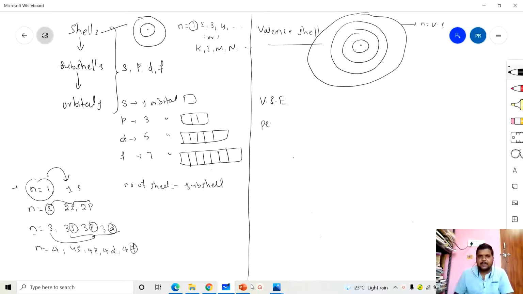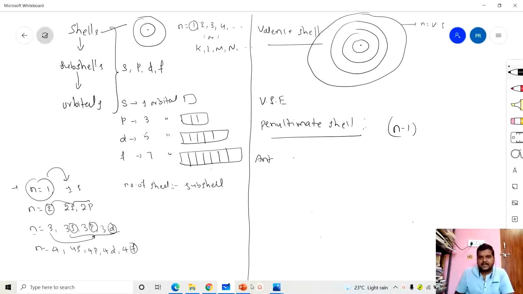Next, the penultimate shell. The shell present just before the valence shell, that is n-1, is called the penultimate shell.